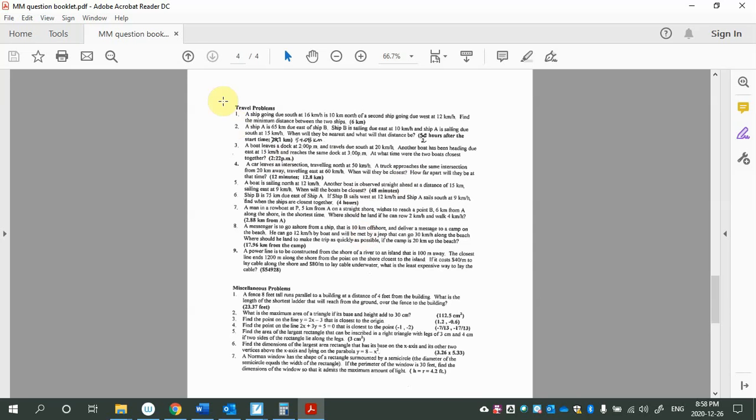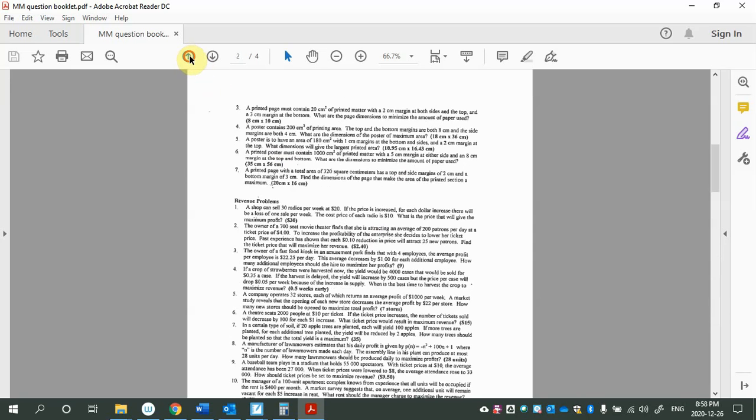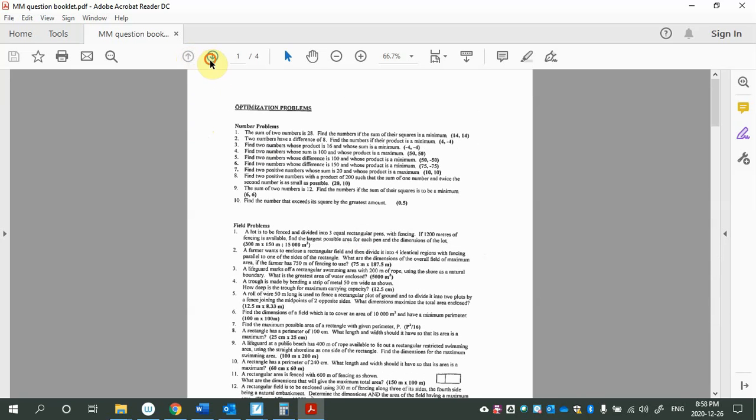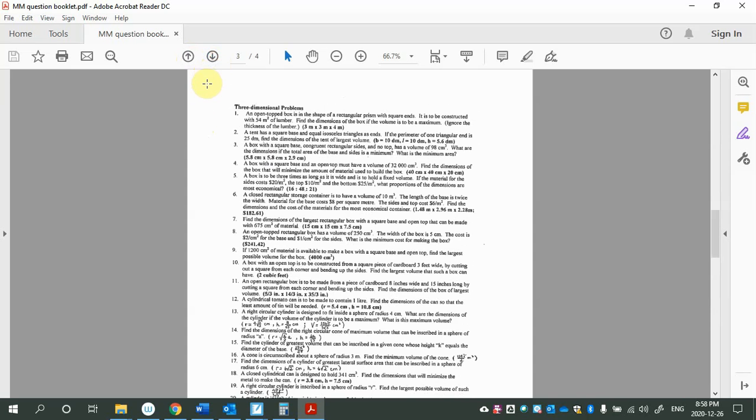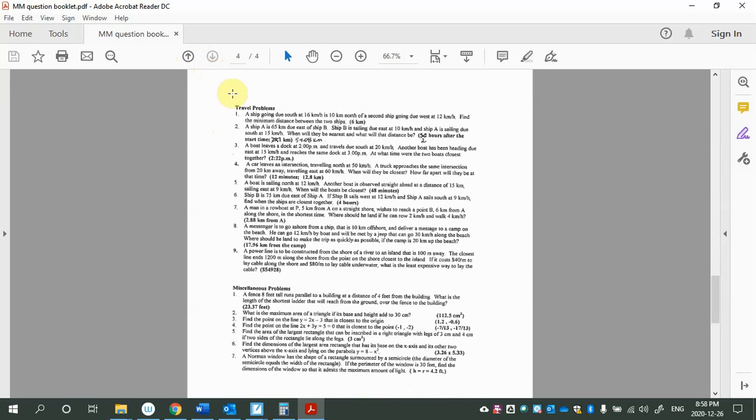So now you may be a complete pro at number problems and field problems and revenue problems and three-dimensional problems and travel problems and the poster problems. And then you might get it down into miscellaneous and go, holy smokes, I don't have a clue what's going on here, because every type is different. So don't be afraid to look at these and ask, or don't be afraid to get in touch with me in the future.